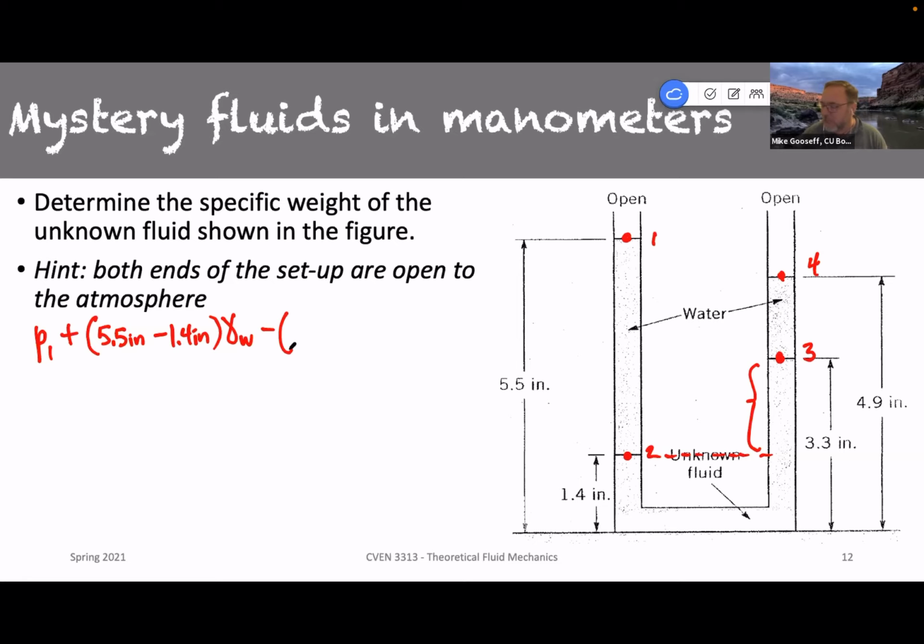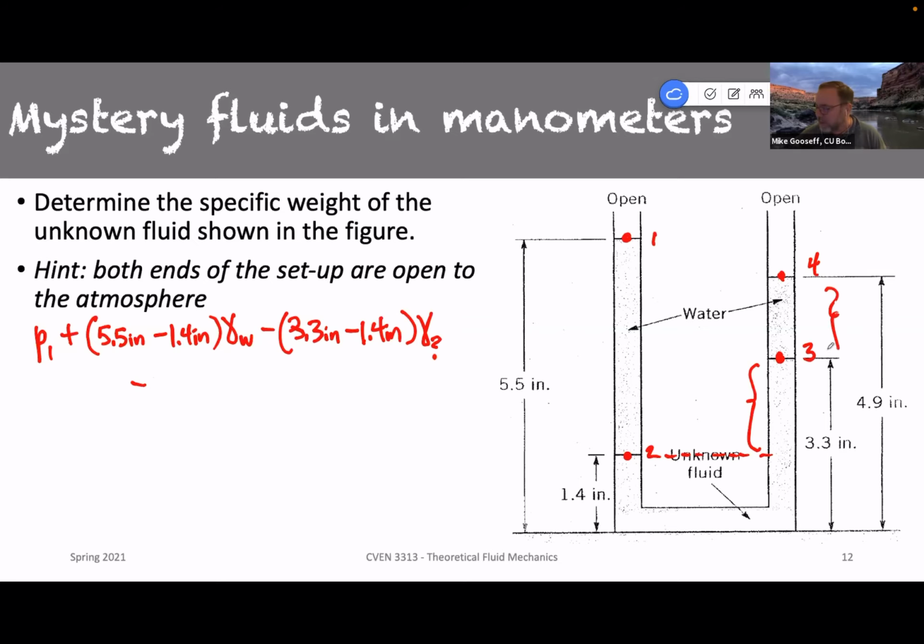So now we have 3.3 inches minus 1.4 gives us that height to get to the interface, and we multiply by gamma question mark. That's our mystery fluid. And then we're going to go up in height through this water. So once again, we're going to say minus, and now we have 4.9 minus 3.3.